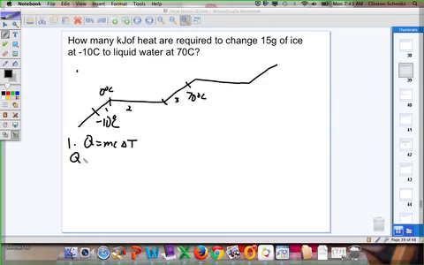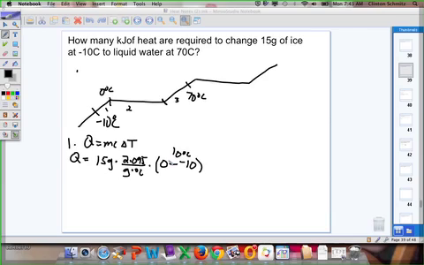Okay, now you plug in the numbers that you need. So we're going to plug in 15 grams for m. Okay, now the specific heat of ice is 2.09 joules per gram degrees Celsius. And the temperature change is going to be the final temperature, but that's just for segment 1, which will be 0 minus -10. So that's going to make your change in temperature be 10 degrees Celsius, because 0 minus -10 is 10.